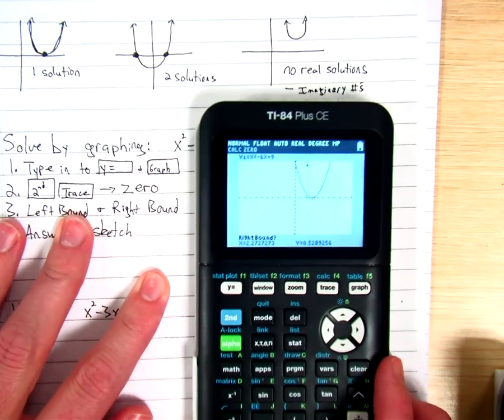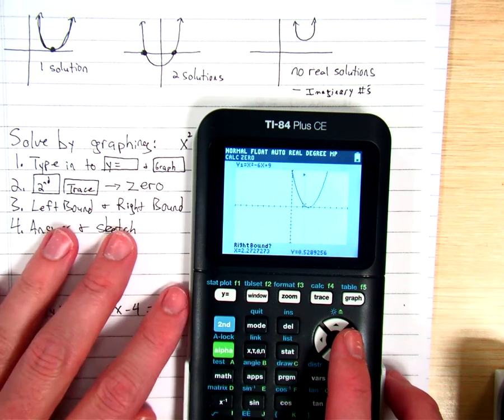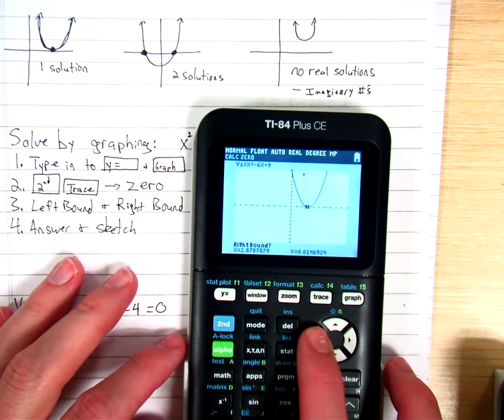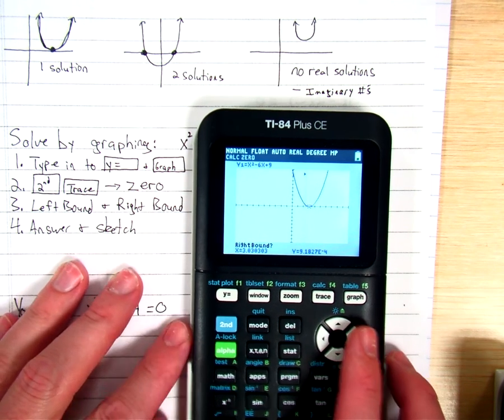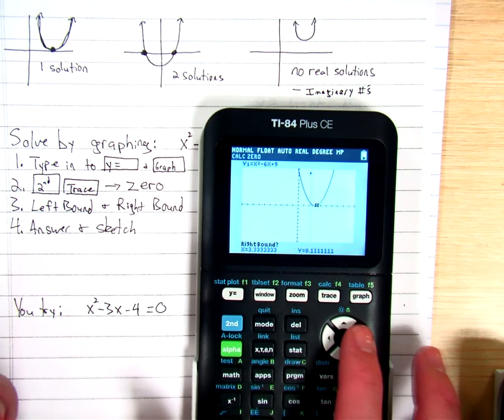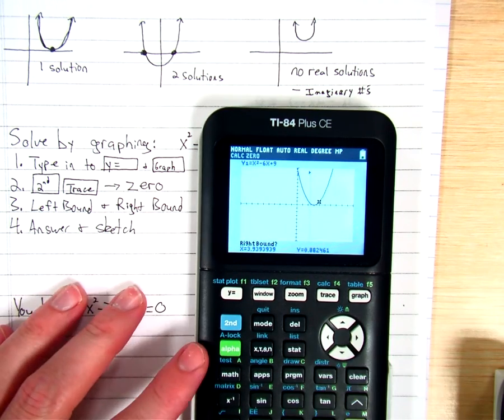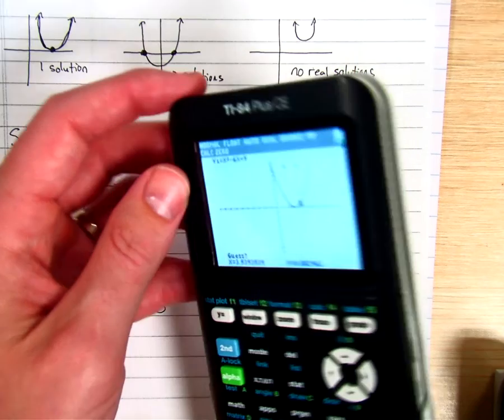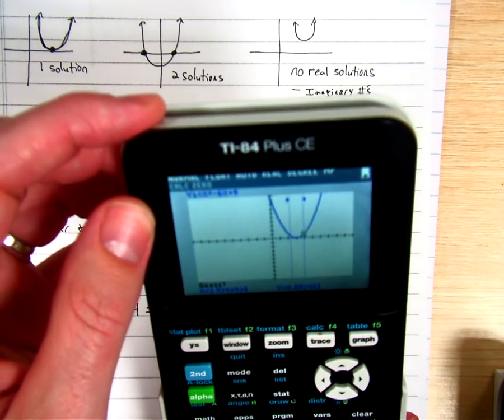Next, we're going to get back down to the spot we were just at, where we think it crosses or touches the x-axis. And now we're going to hit right. It says right bound. Now we're going to hit right 3 to 5 more times and hit enter. So you can kind of see the boundary lines that were squeezed in between.